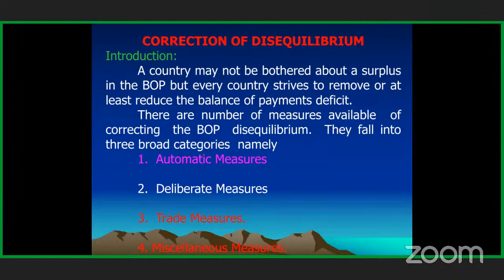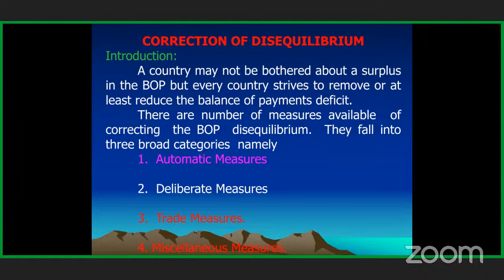Cyclical disequilibrium means it occurs on account of business cycles, depending upon the phases of trade cycles like prosperity, depression, boom. So the demand forces vary, causing changes in terms of trade as well as growth of trade, and accordingly a surplus or deficit will result in balance of payments.